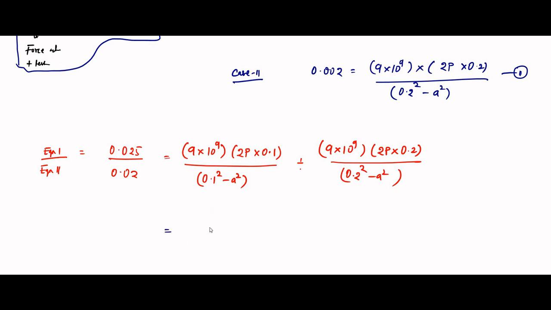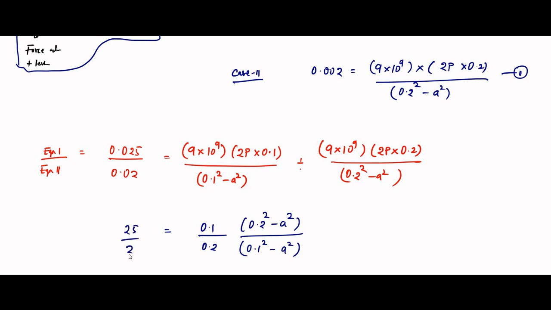0.1 by 0.2 into 0.2 square minus a square by 0.1 square minus a square. And this 0.025 by 0.02 is equal to 25 by 2.